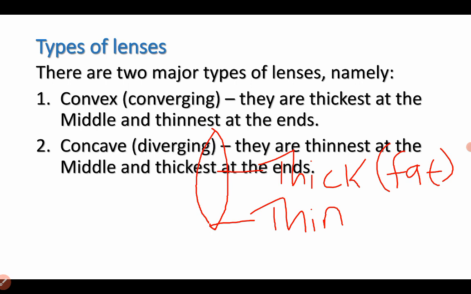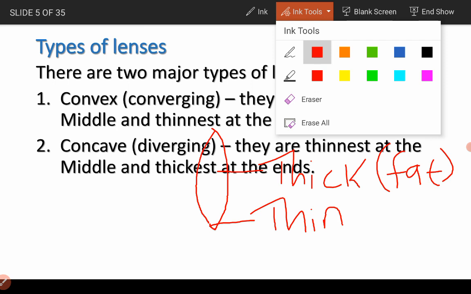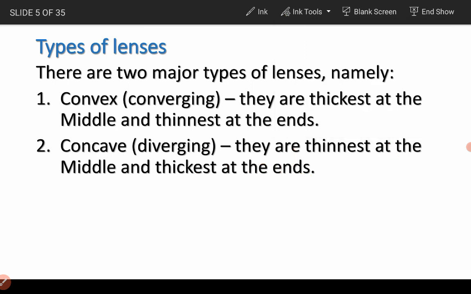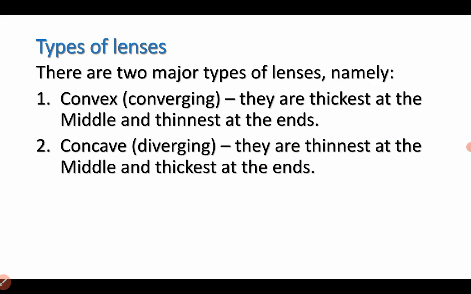And another type of lens is a concave lens. A concave lens is also called the diverging lens. Please don't confuse the two. Convex lens is called the converging. Concave lens is called diverging. So these are thin at the middle and the thickest at the ends.